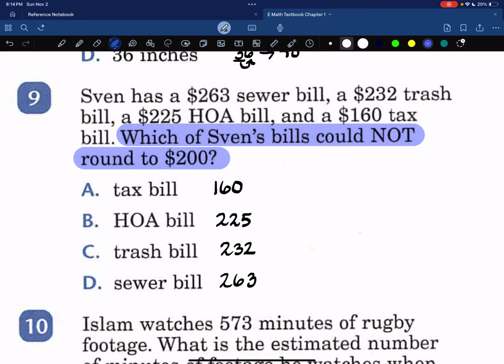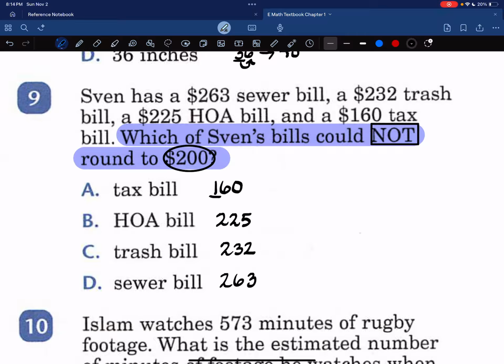So we have the word not. That is in all caps, so they clearly want us to notice that. And then we have the number 200. So these are being rounded to the hundreds place.